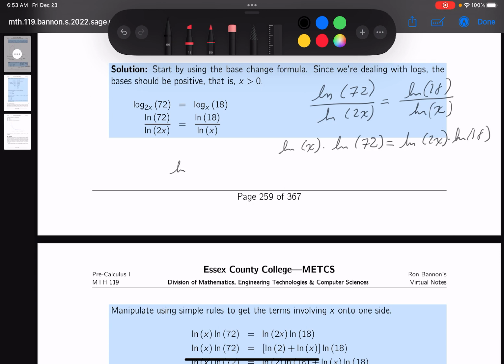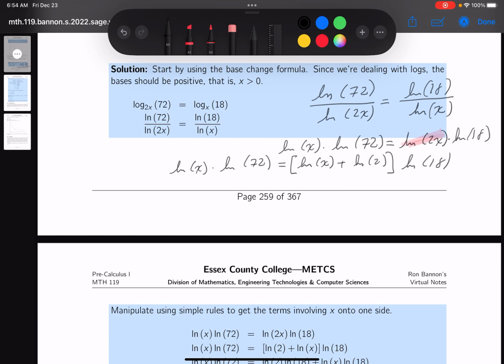All right, let's write this down. So natural log of x times the natural log of 72 is equal to the natural log of x plus the natural log of 2, right? I just divided this single log into 2 logs using rules of logs, and times the natural log of 18 now.